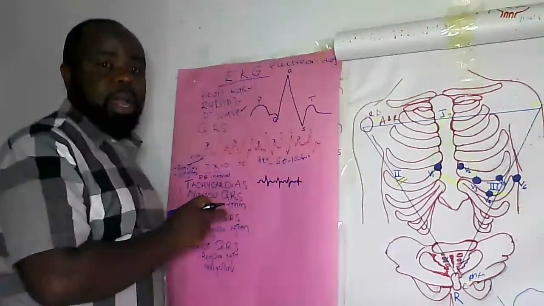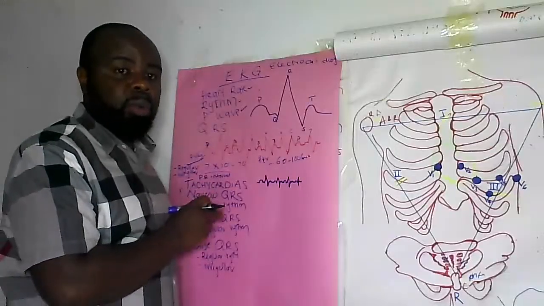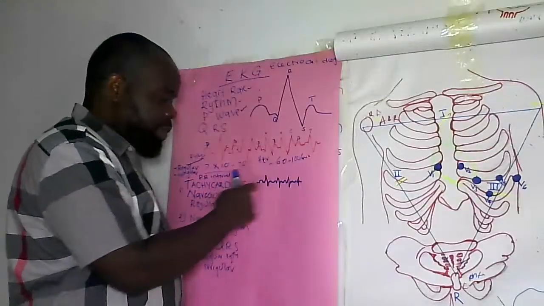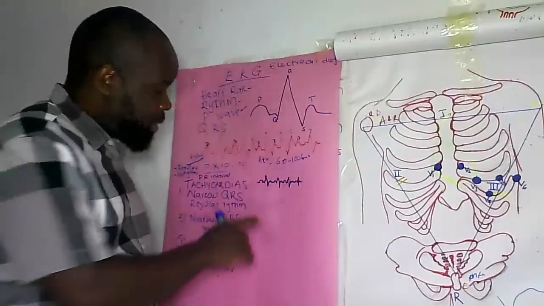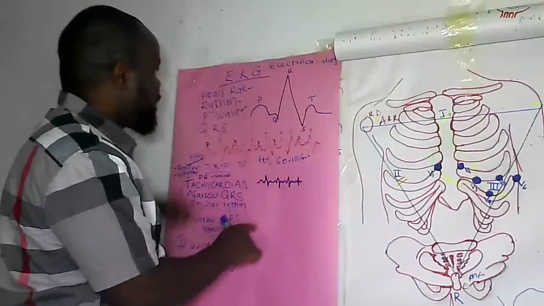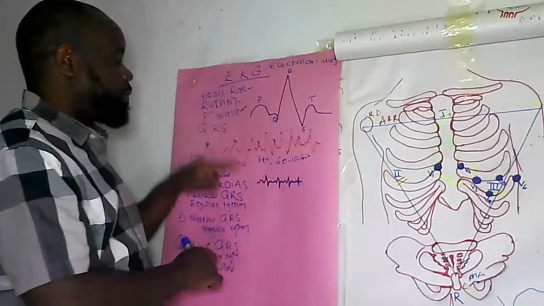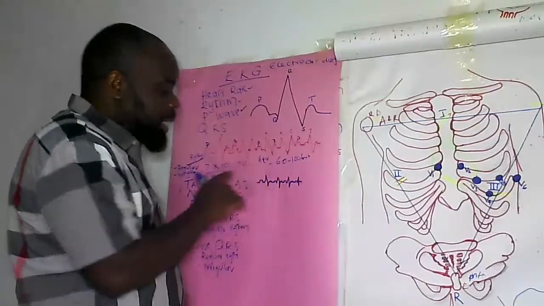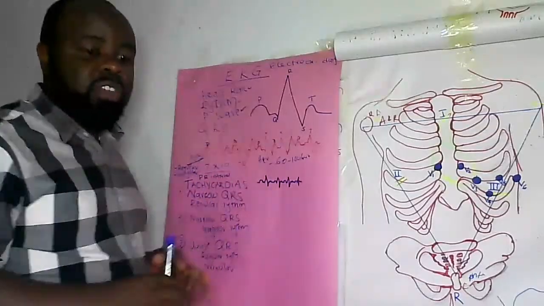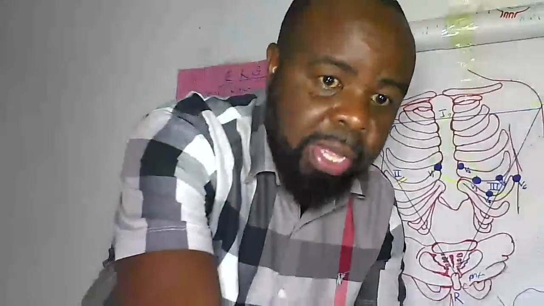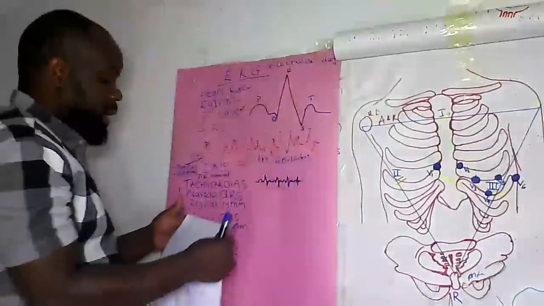This is a QRS complex with narrow QRS. Look at the P waves. Are they there? We have said always check the P wave. Is the rhythm okay? We have said you check on the rhythm. How do you check on the rhythm?